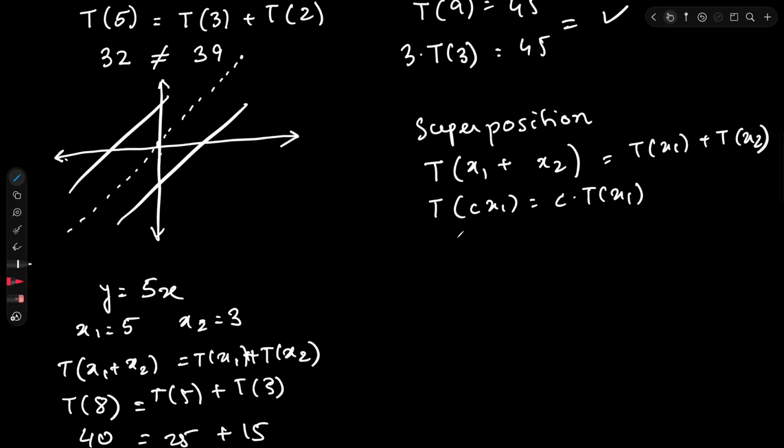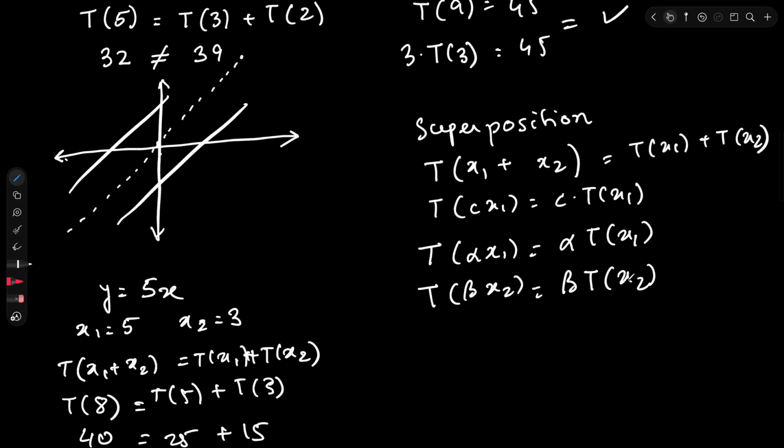Basically, if we take T of (alpha x1), this should be alpha into T of x1. Similarly, if we take T of (beta x2), this should equal beta into T of x2.